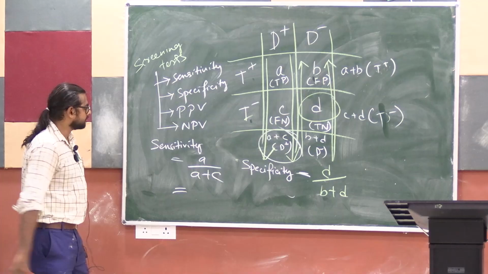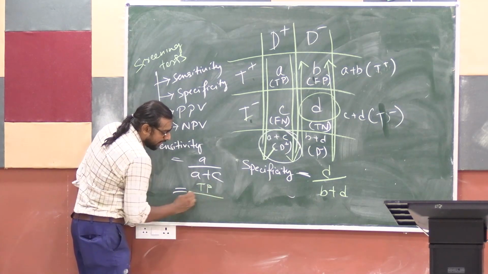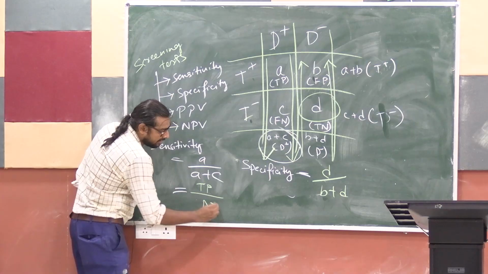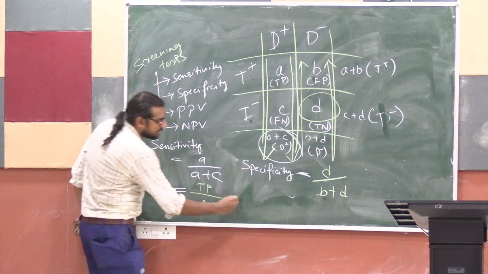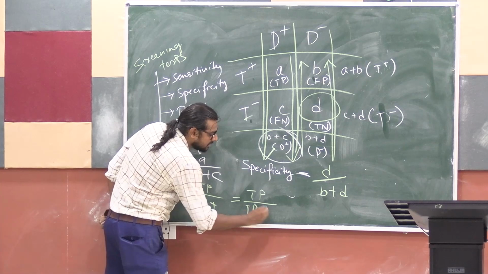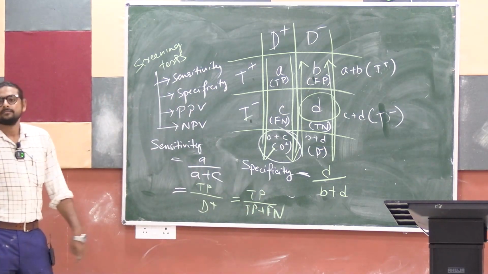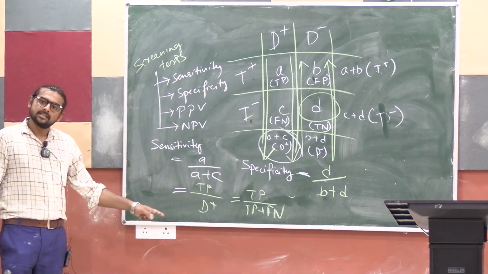Got it? So what does this come out to be? True positive by disease positive, or we can say true positive by true positive plus false negative. Correct? Understood?